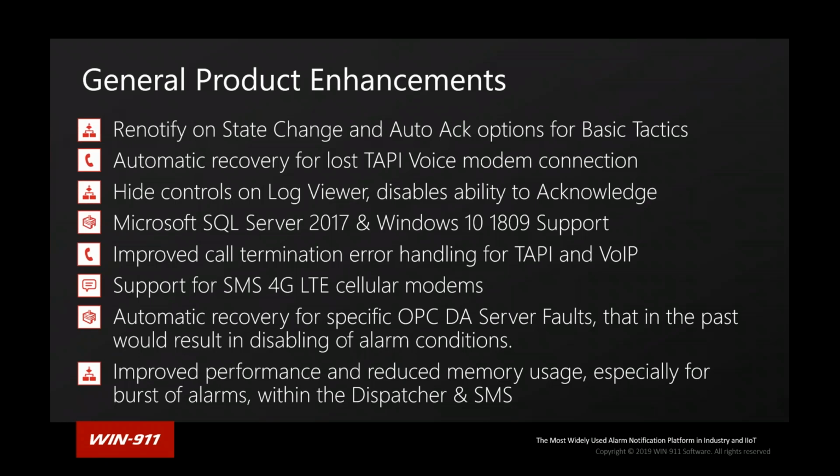We've improved call termination error handling for voice calls as well. This basically says when the call is made, you answer the phone, you type in an authorization code, and we begin giving you your alarm messages. If you were to get disconnected or just hang up the phone without taking any action, there was a long timeout period that would hold us up from making another phone call.